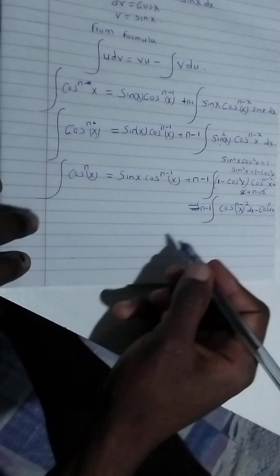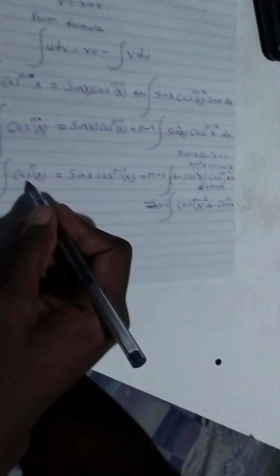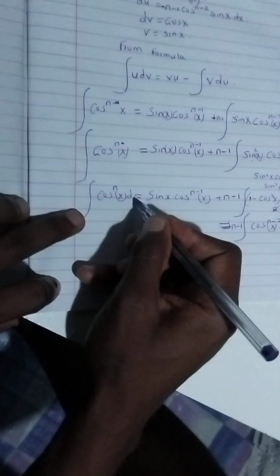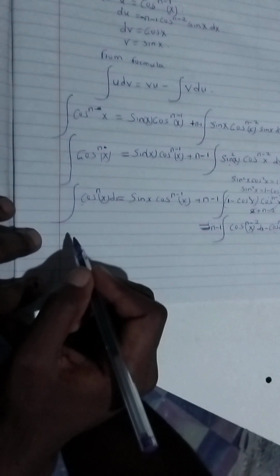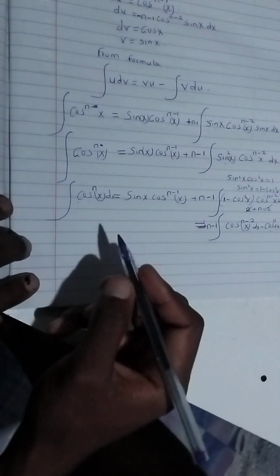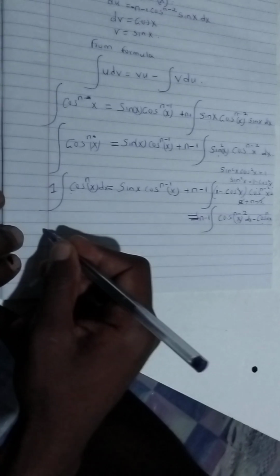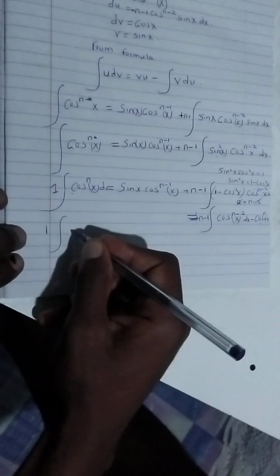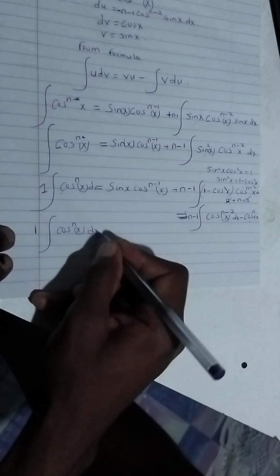Now consider this part, the integral of cos^n x dx. It is equivalent to this part, cos^n x dx. We shall collect the like terms, and remember here we have 1, so 1 times the integral of cos^n x dx.